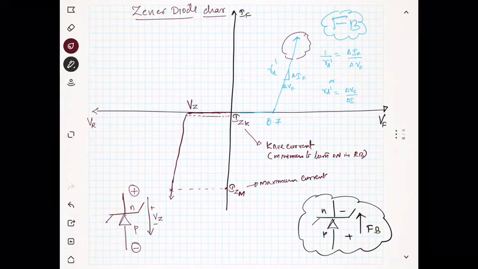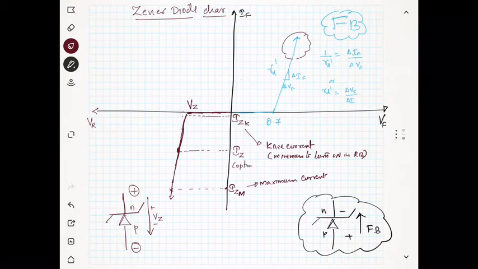Now you can see this is a straight line, so the voltage at the center we usually call approximately equal to Vz, and the current we call Iz. This is the optimum current, at the center of the operating region.